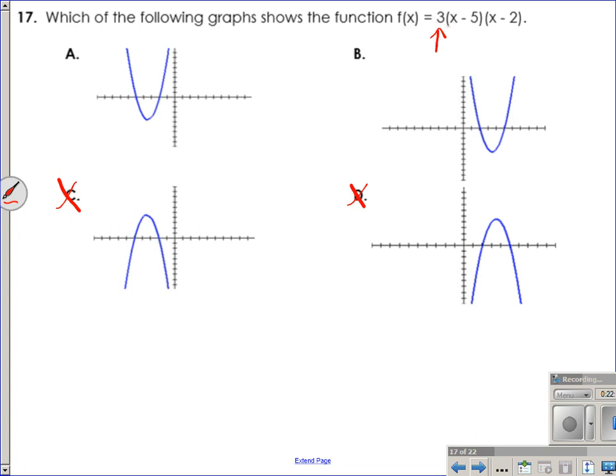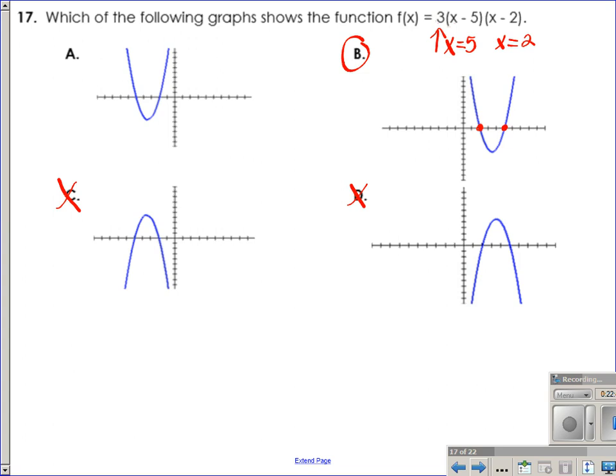Okay? Now what I'm looking at are the x-intercepts. Since the factors are x minus 5 and x minus 2, my zeros, or my x-intercepts, should be positive 5 and positive 2. And the only graph that shows that is B. Here's the x-intercept at positive 2. Here's the x-intercept at positive 5. So that's the answer for 17.